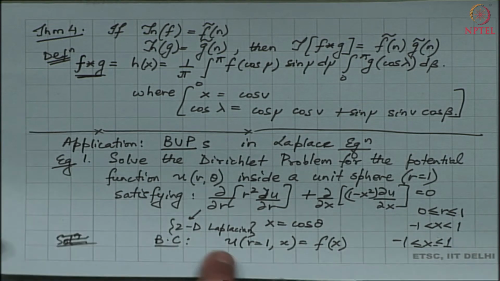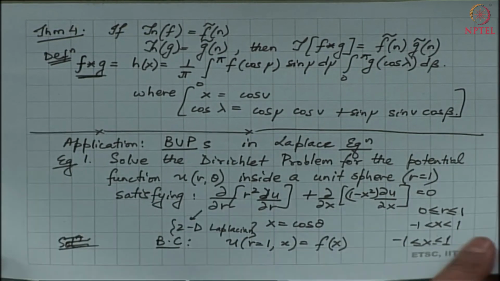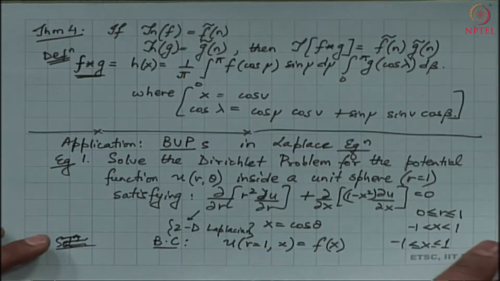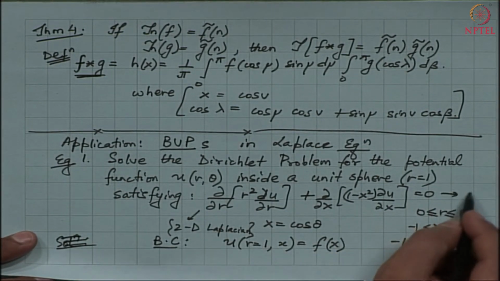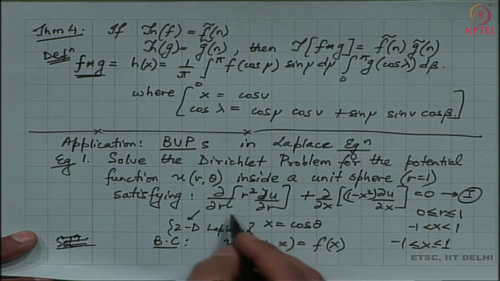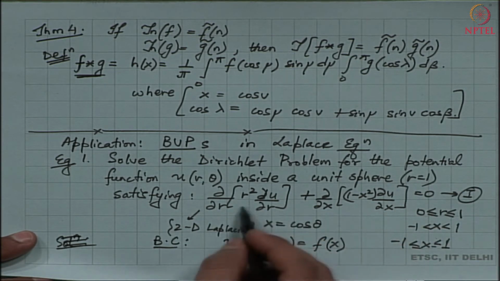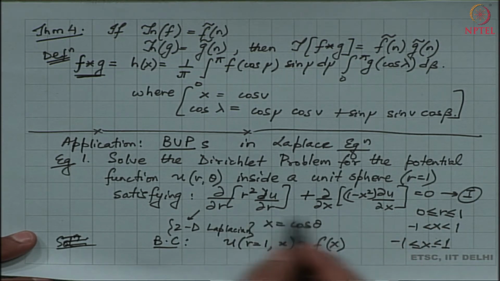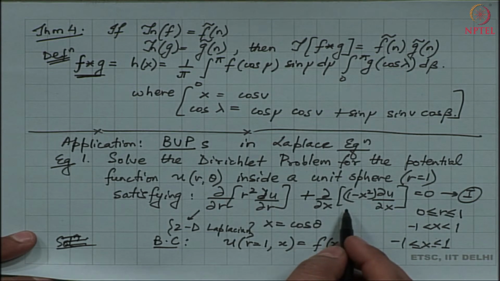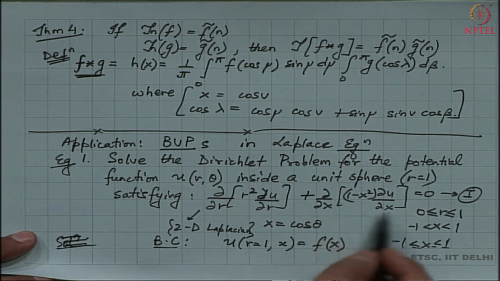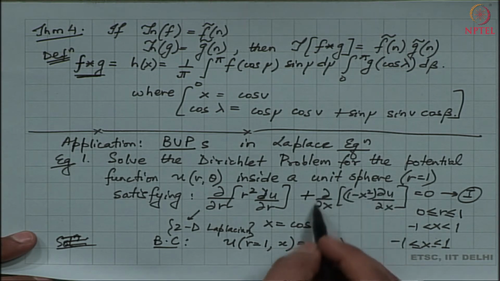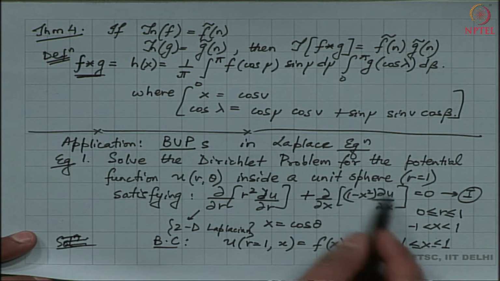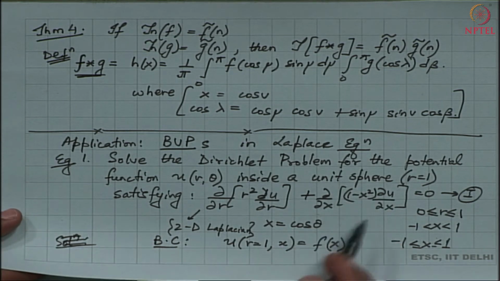So, let me call this 1. I am going to apply my Legendre transform to this equation with respect to the variable x, and I am going to use my result given in theorem 1. I can see that this particular expression here is r of u. So, I am going to use theorem 1.